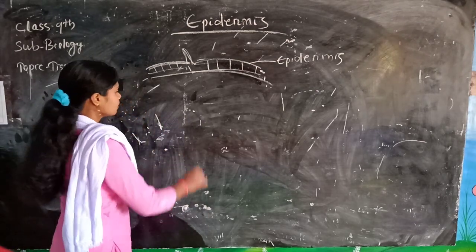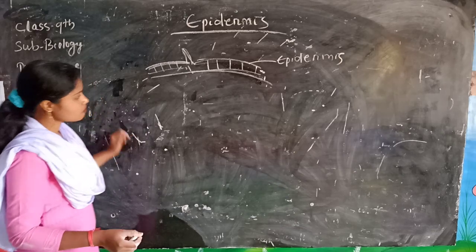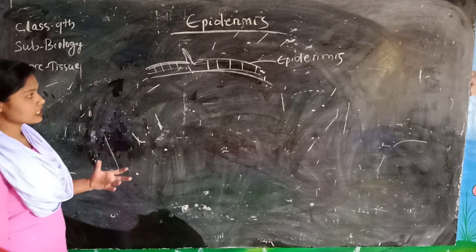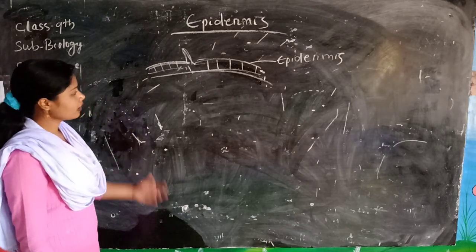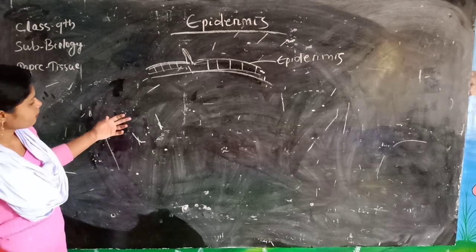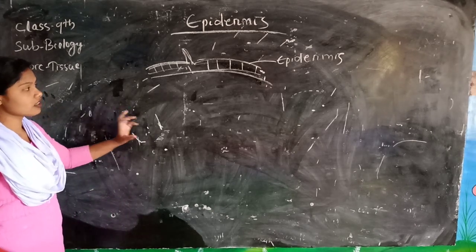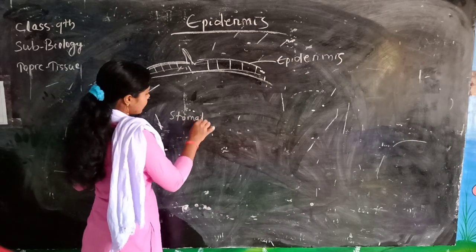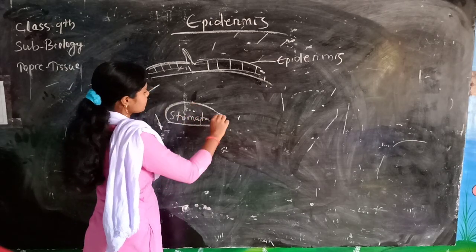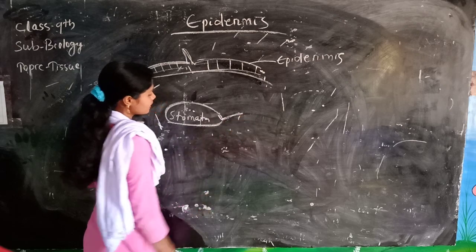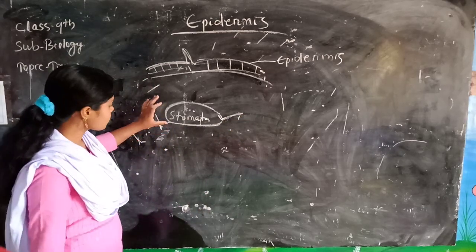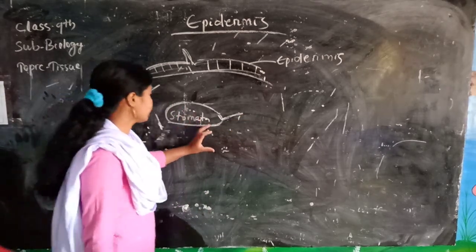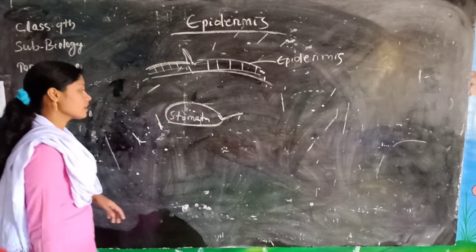Then small pores are present in the leaf, that is called stomata, and it helps in exchange of gases. That means it helps in gas exchange and also in transpiration.